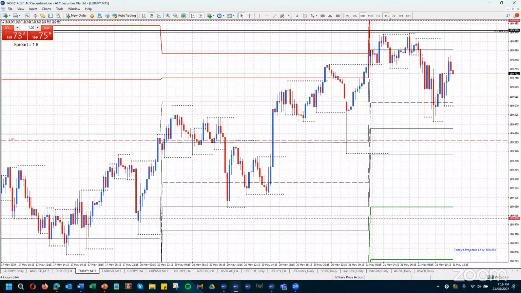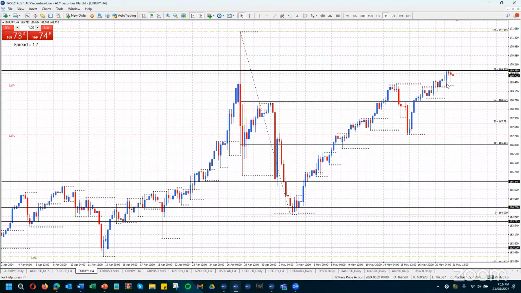On the 4-hour chart, if you want to wait for a bit more information, because the 4-hour structure is still up here, you could just be waiting for the 4-hour structure to break. So we're going to break this low first of all, and then see if this can come up for its lower top to form at a 79% rally point to see if it can start to come back down.